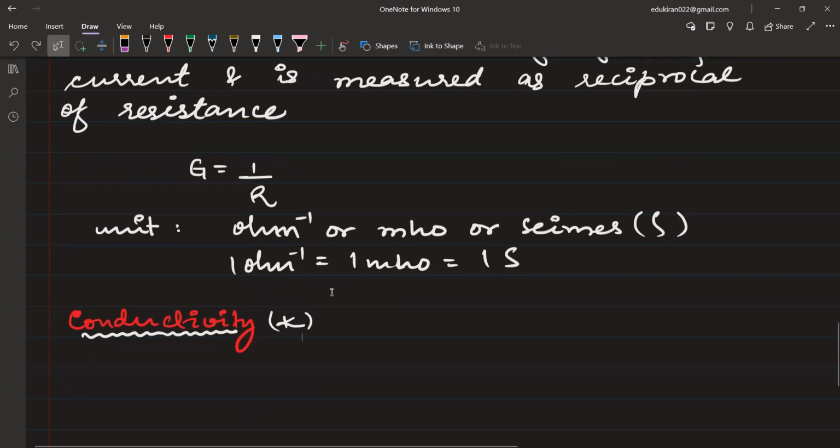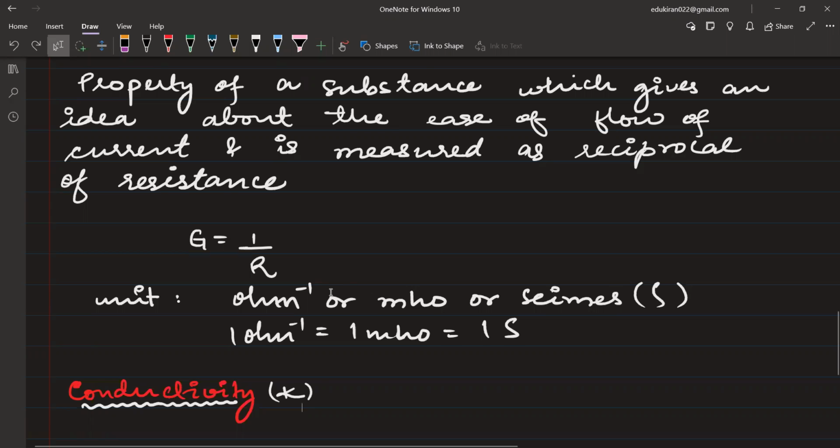Sir, what is that third unit of conductance? Oh, sorry, it is Siemens. I mistook the spelling there. There will be N and then S. It is represented by capital S. Done, guys?